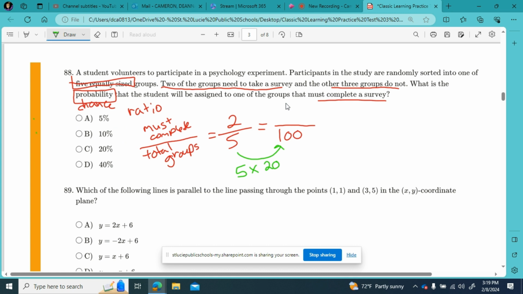If we multiplied the denominator times 20, then for the numerator, or the top, we have to do the same thing. So we're going to multiply by 20 again, and 2 times 20 is 40. So there is a 40% chance that a student will be assigned to one of the groups that must complete a survey.